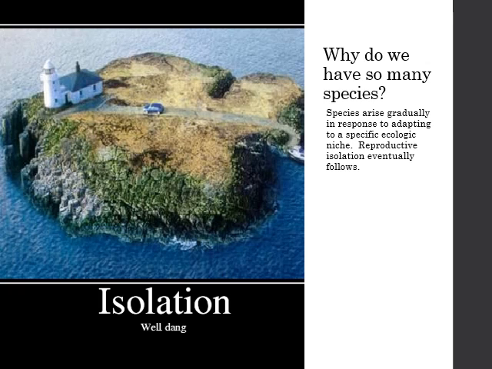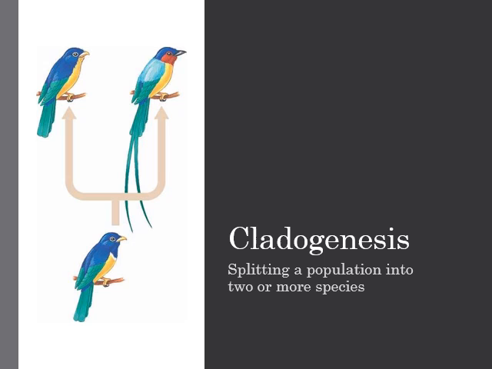After they've changed a little, they're usually still reproductively active within that population, but over time, they become reproductively isolated. This process of splitting into groups that are reproductively isolated is called cladogenesis. A clade is a group. Genesis means to create. So you're creating new groups.